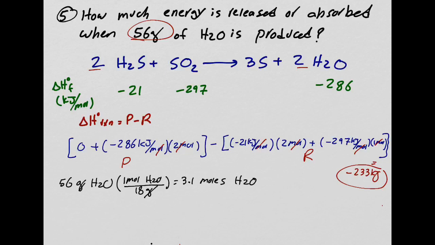So this reaction, the way it is, will produce 233 kilojoules of energy. When you produce 233 kilojoules of energy, how many moles of water do you need? 2. So if I have 2 moles of water, I am producing 233 kilojoules of energy.